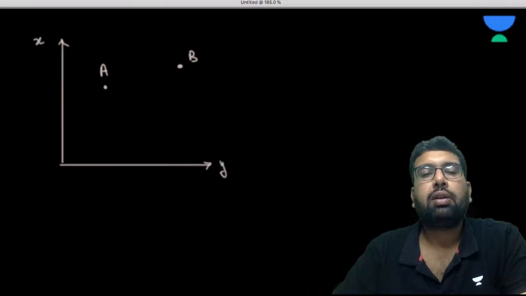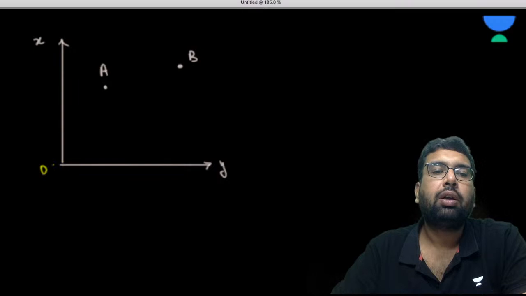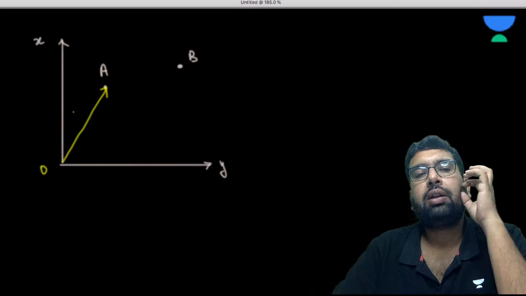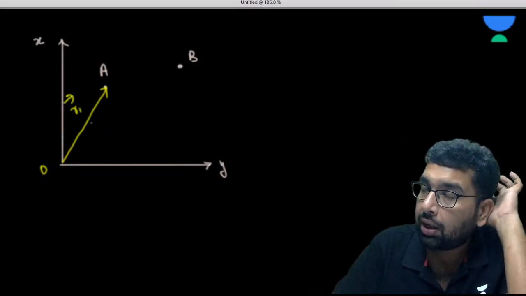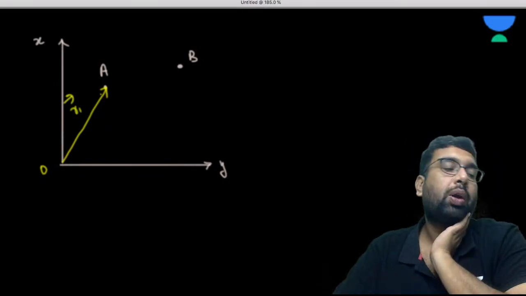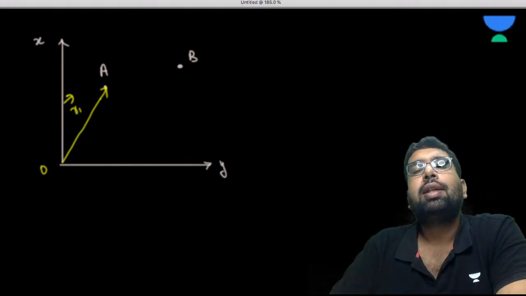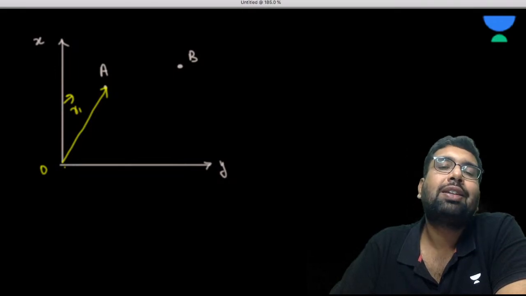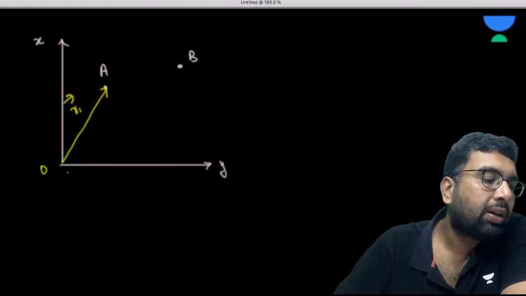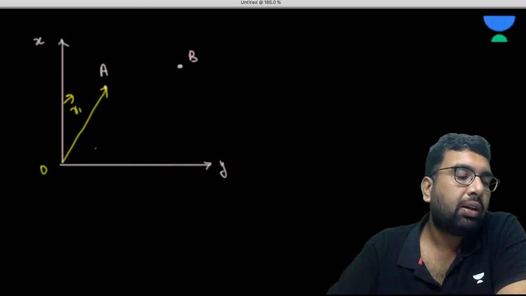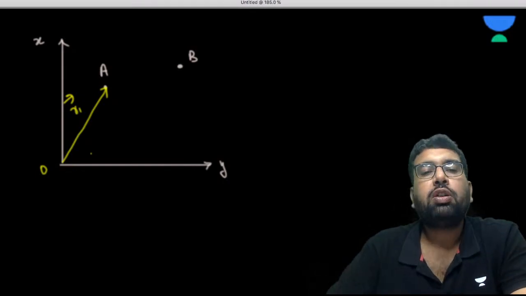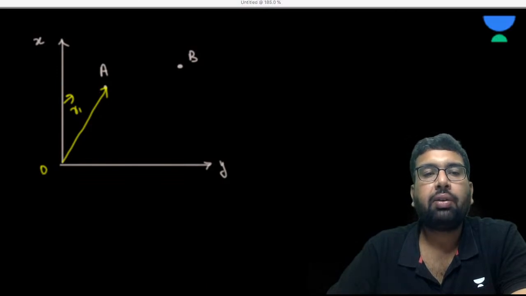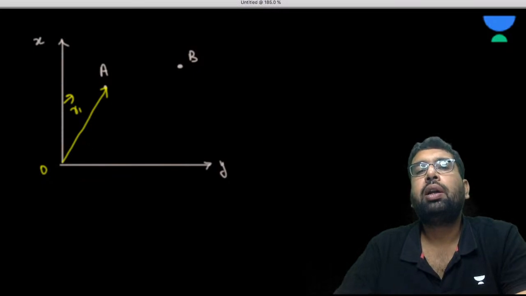If we join point A from the origin, that is going to be the position vector of point A. The position vector gives you the position of any point in a two-dimensional or three-dimensional coordinate system.